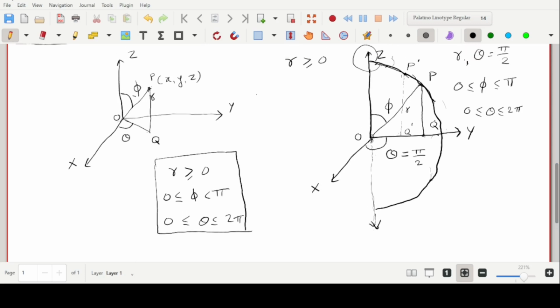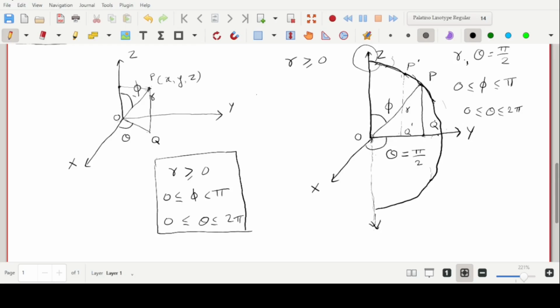For that, let us go back to this diagram. Alright, see this P. So here we have P, X, Y, Z over here. Let us drop a perpendicular from P to the Z axis.